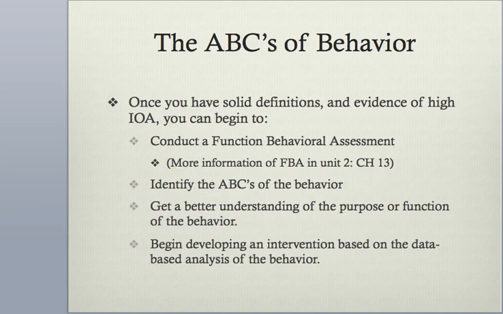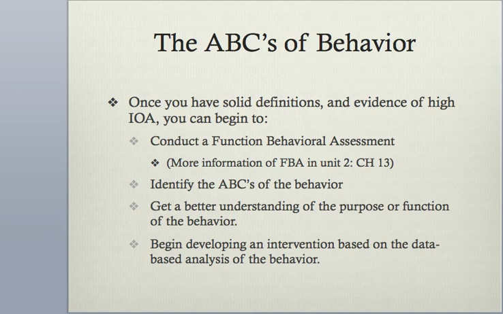So the important thing that we need to recognize is that this inter-observer agreement is critical to establishing the antecedents and consequences of the behavior, because we have to agree on when the behavior occurs in order to look at what comes right before and what comes after.